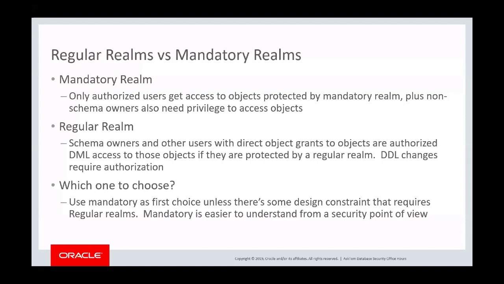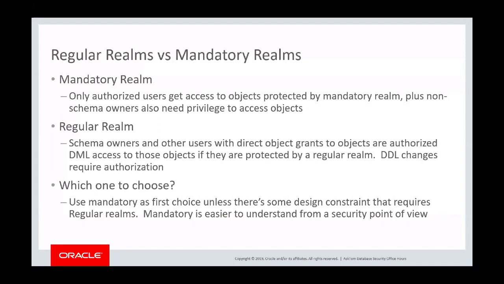Now, with a regular realm, if you're the schema owner, let's say the HR schema, HR automatically had access to that, even though it had been protected by a Database Vault realm, which made sense. You're the owner of that realm, so you should have access to it. But you could also give direct object grants to tables and other objects within there to other users.